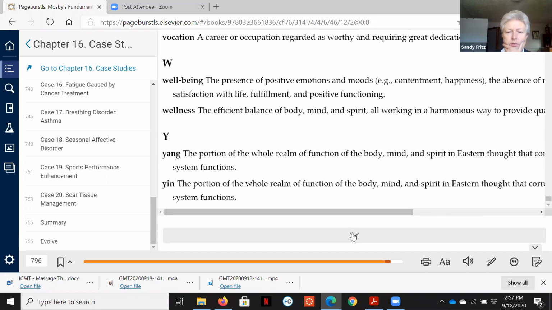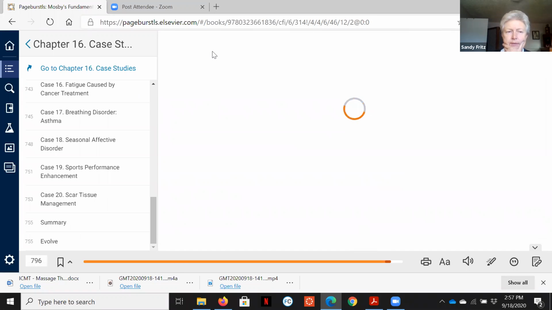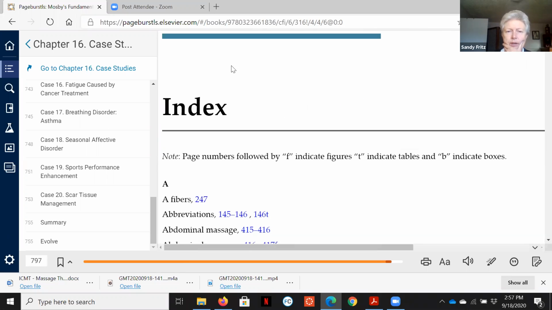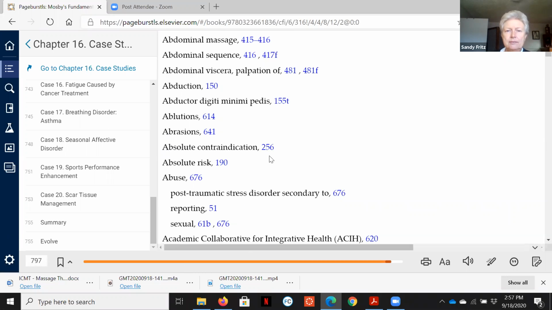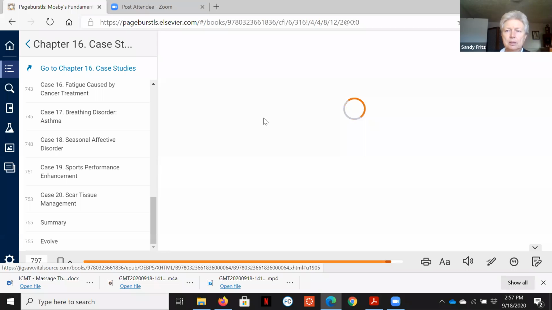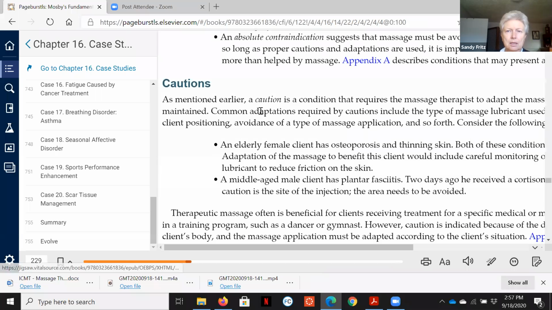So then this last part is likely the index. Yep. And what's nice about using the electronic version here, you can click on the page number and it'll take you to it. Isn't that cool?